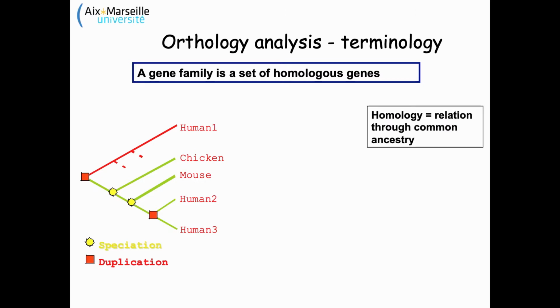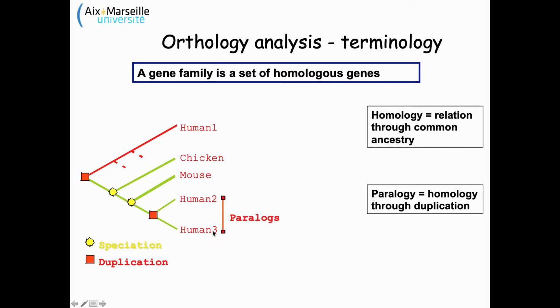If those homologous genes come from a duplication like human 2 and human 3, they are called paralogs. If they are coming from speciation, they are called orthologs.